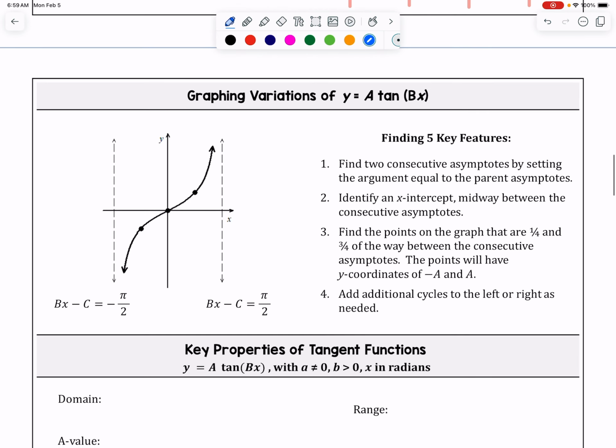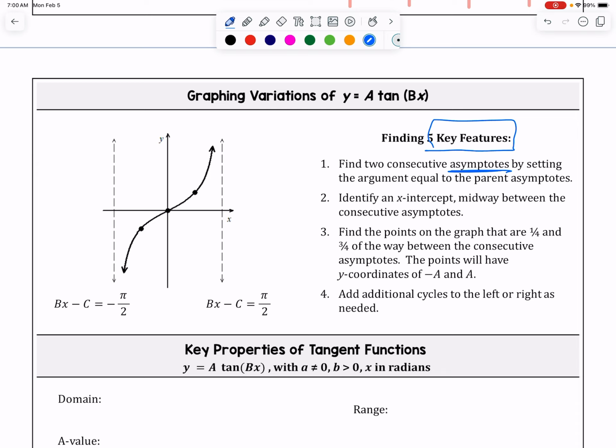And lastly, we have graphing variations of A tan bx, okay? All right, so let's see. To find the 5 key features, okay, here they are. Find 2 consecutive asymptotes by setting the argument equal to the parent asymptote.